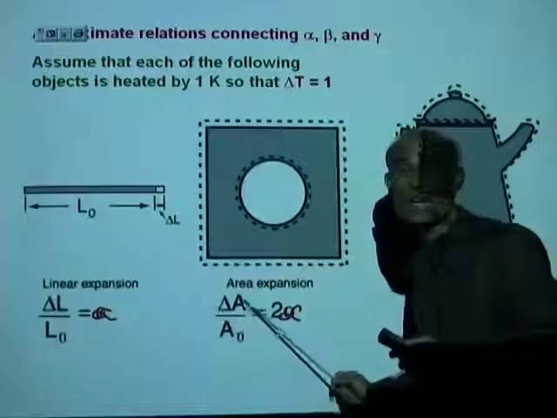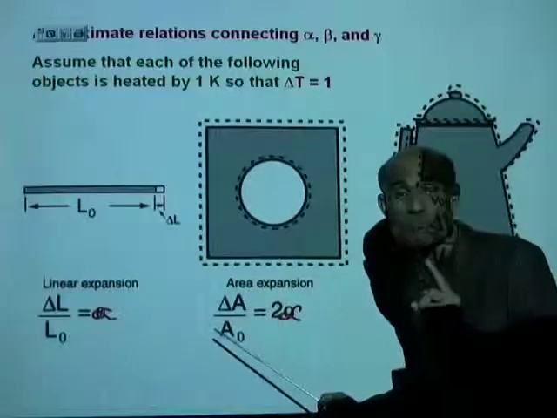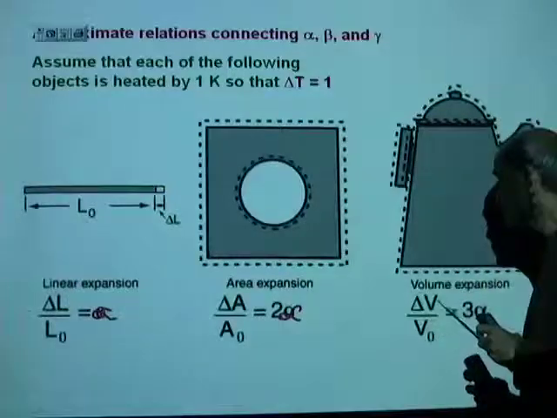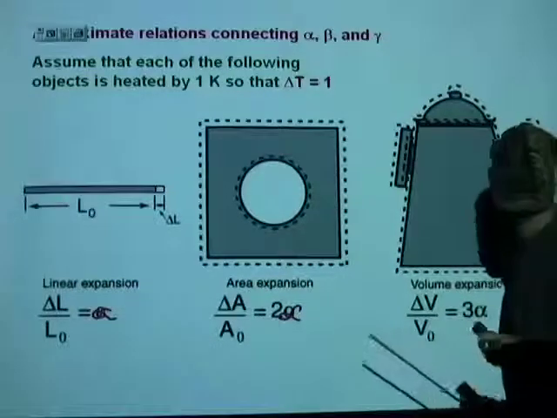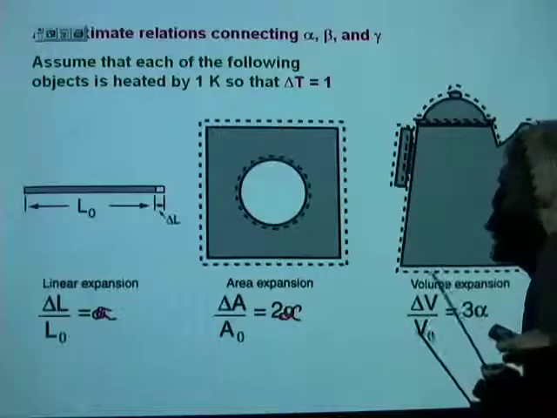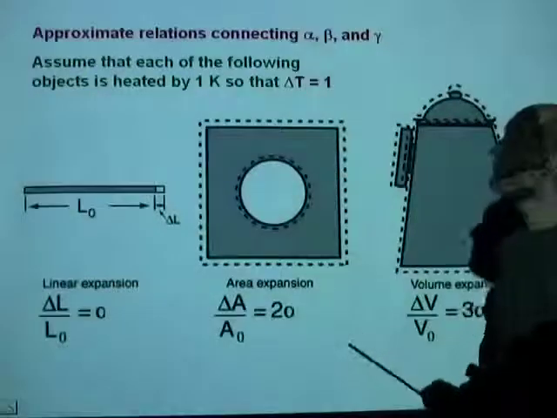The increase in area per unit area will be beta. Beta is 2 times alpha. And the increase in volume per unit volume will be gamma. And that gamma will be 3 times alpha. Okay, let's move on.